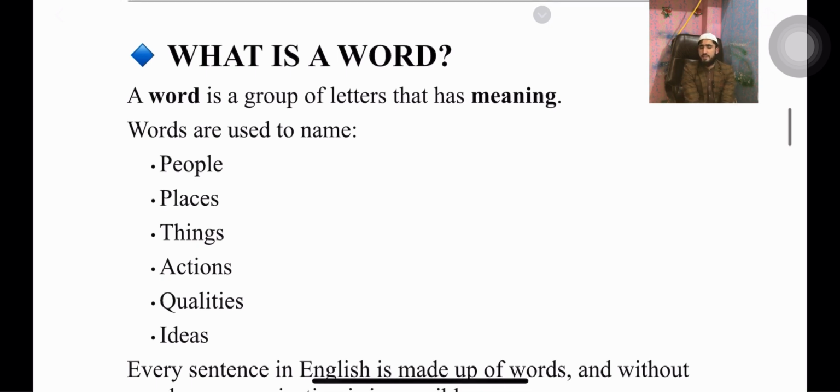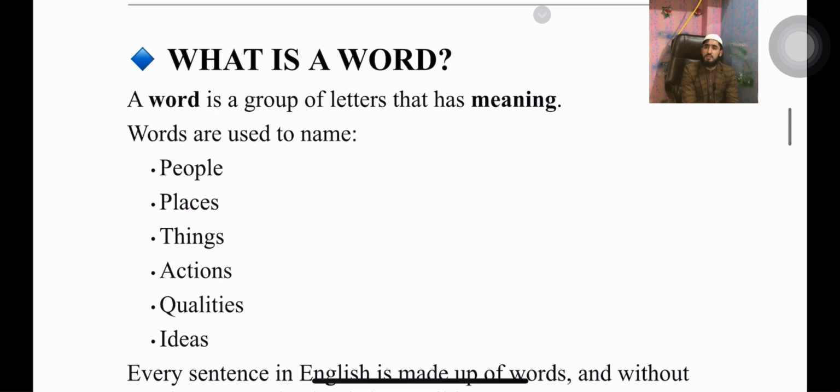Random groups of letters like C B D G F J that don't give us meaning are not words.